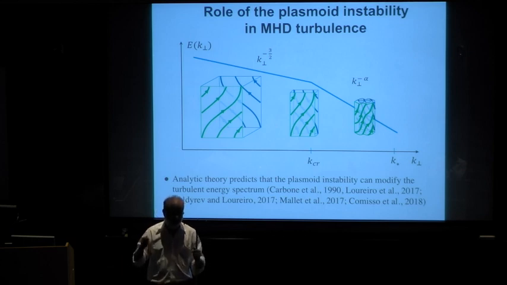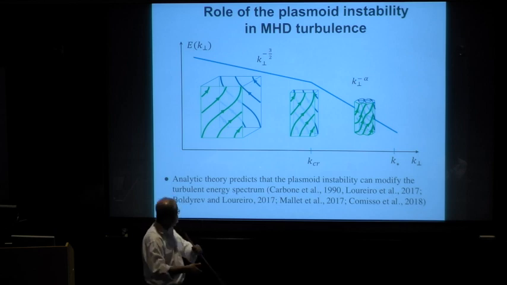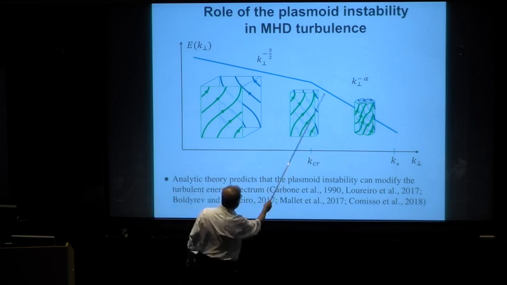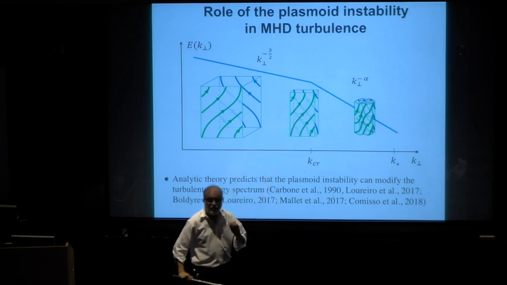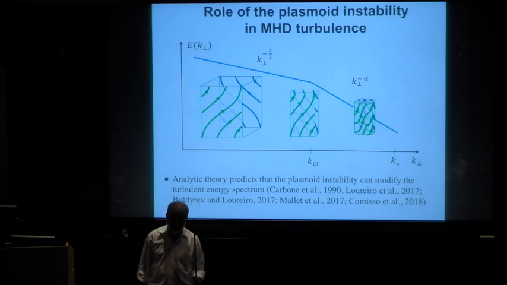Luca Comisso, when he was a postdoctoral colleague in my group, actually analytically worked that out. And he found that due to current sheet presence, you'll begin to see disruption of the current sheets. And this particular width, k critical, is determined not by your dissipation, but when the plasmoid instability onsets. He has made a prediction in 2D and 3D.